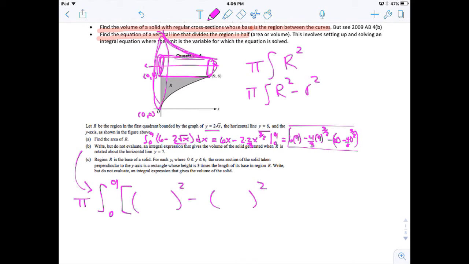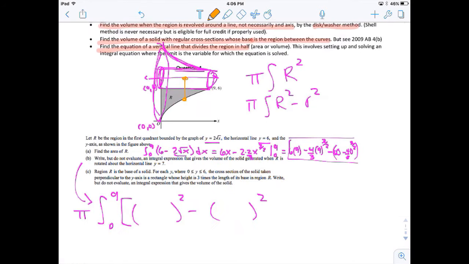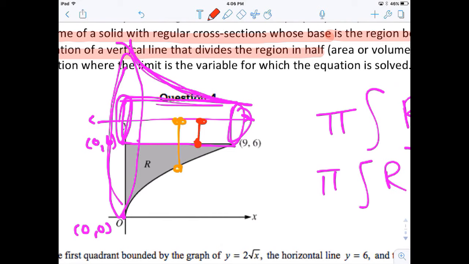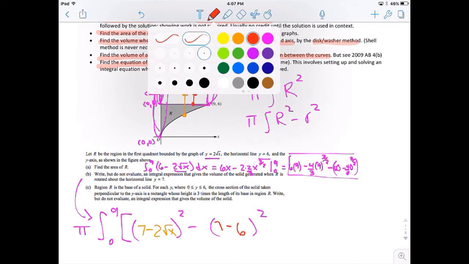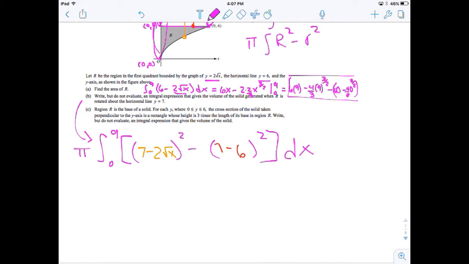The bigger radius here would be going from my center to that line, so that would be 7 minus 2 radical x. The smaller radius would be the cylinder, going from there to right there, and that's 7 minus 6, you could also just say that that's 1. It's the same thing. So these are your radii in there, and then you still need the dx at the end. So that would be a complete and correct answer for B, but do not evaluate an expression for that.